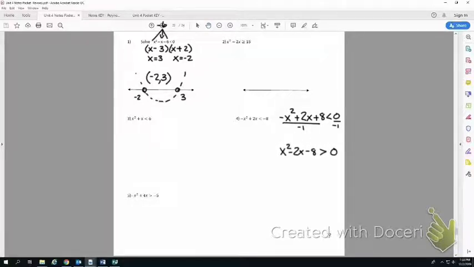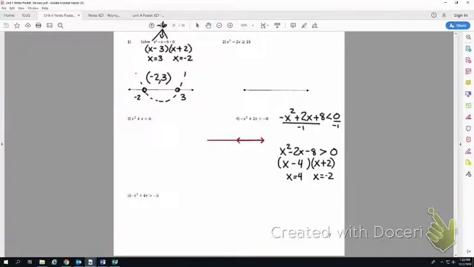And so now, what factors of -8 add up to -2? -4 and +2. And so that's going to give me 4 and -2. Now, if you're not given a number line, watch this really closely.